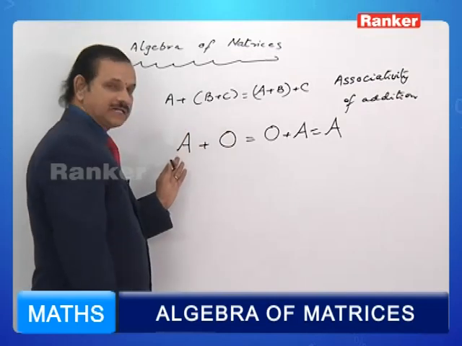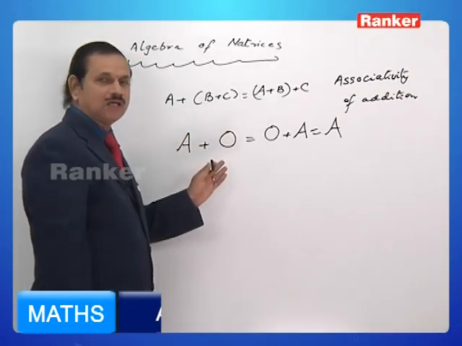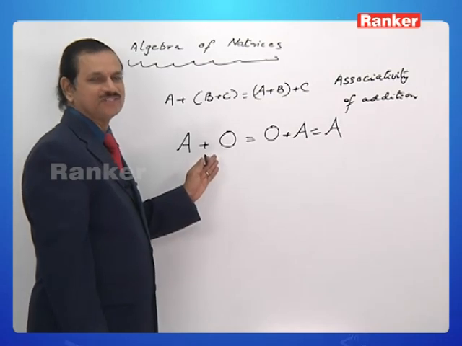If A is an m by n matrix, then this O or 0 is also the null matrix of the order m by n.